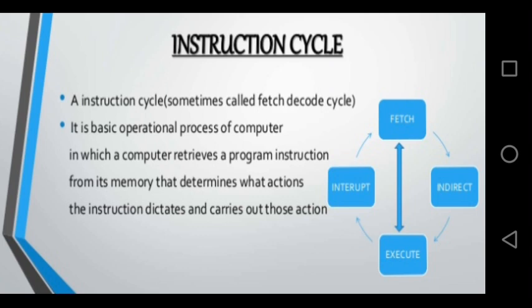It contains the storage unit and the data processing unit. The storage unit contains secondary memory and primary memory. The data processing unit contains the control unit and the ALU. The control unit is responsible for controlling all the functionalities of the parts or units in the CPU.